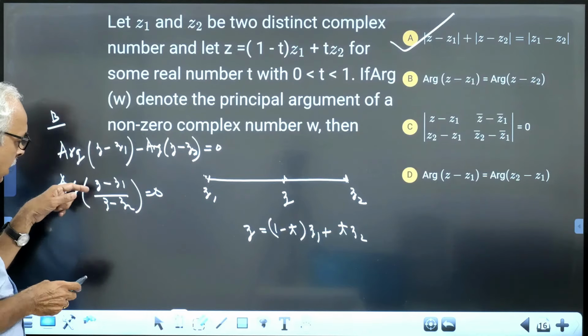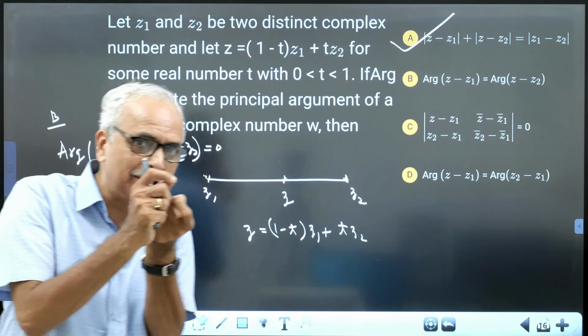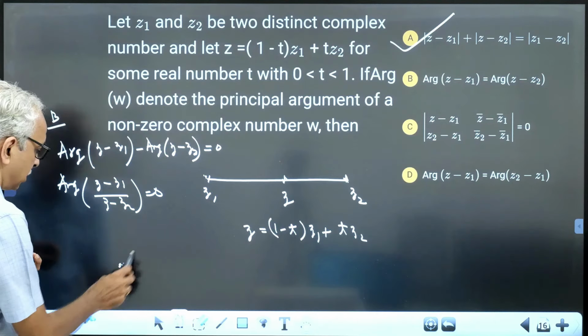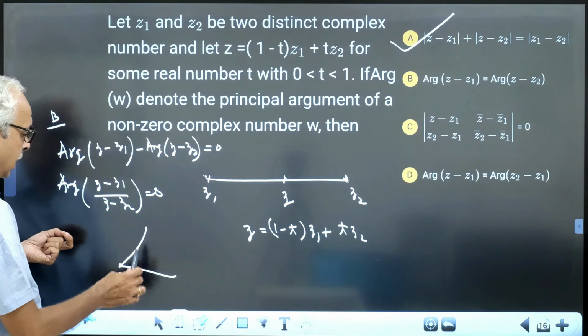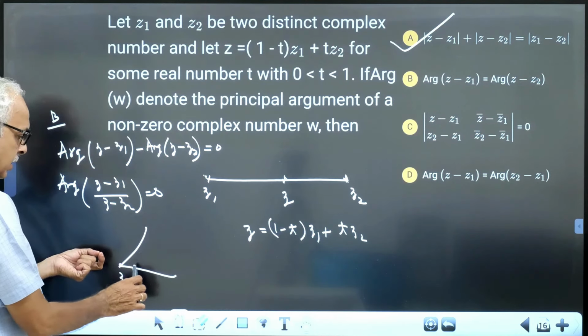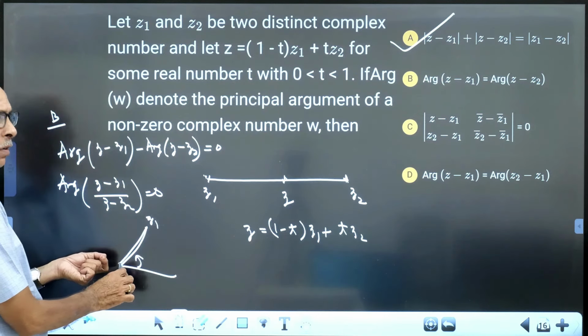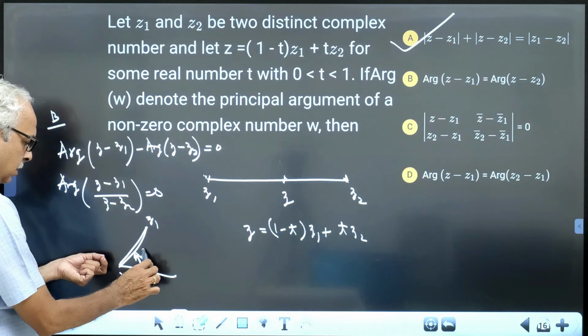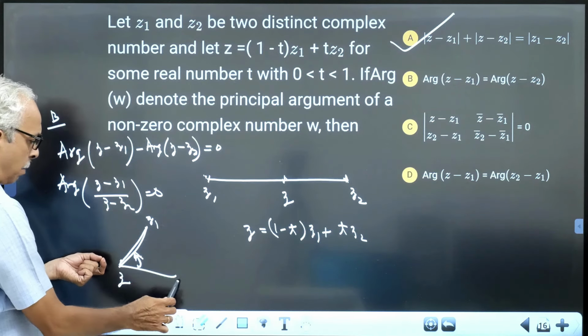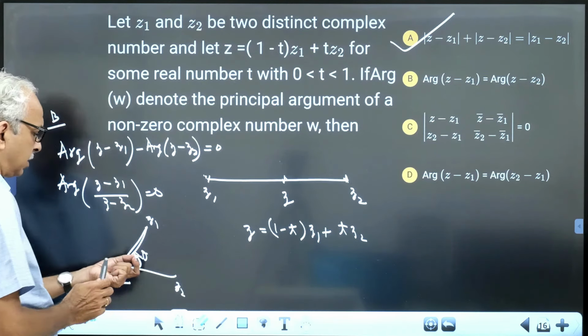This means you take Z as a hinge. If you take Z as the hinge, with Z1 here, Z minus Z1 by Z minus Z2 gives the angle. Suppose this is theta.